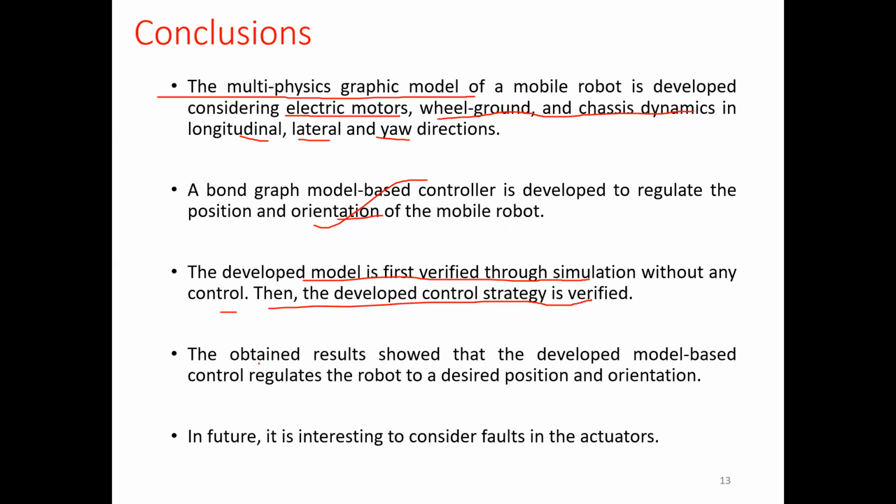The control results show that the developed model-based control regulates the robot to a desired position and orientation. In future, it is interesting to consider faults in the actuator and apply fault diagnosis techniques, because bond graph is well utilized for fault diagnosis. Thank you, and your questions and remarks are welcome. Thank you very much.